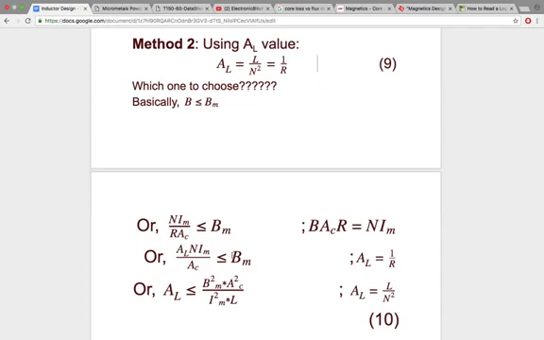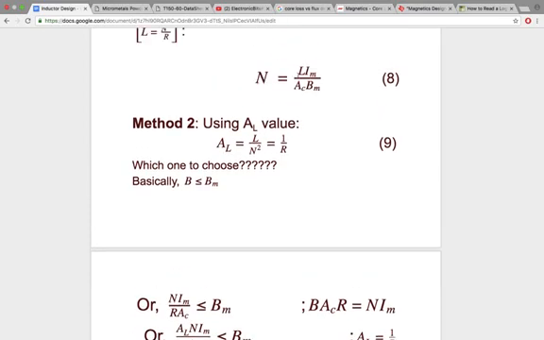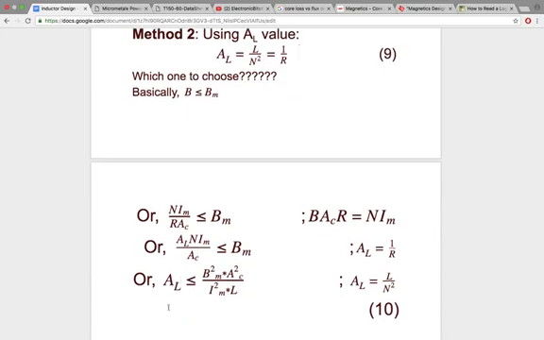It will not just reach, it will exceed, maybe by a very large amount, if proper care is not taken. So this is the main deciding factor between choosing the formulas. If this is satisfied, then we can choose this AL formula. If it is wrong, then we have to go ahead with the other formula.